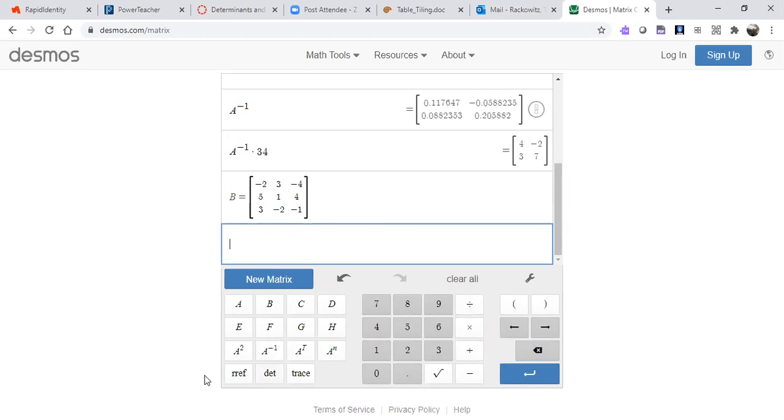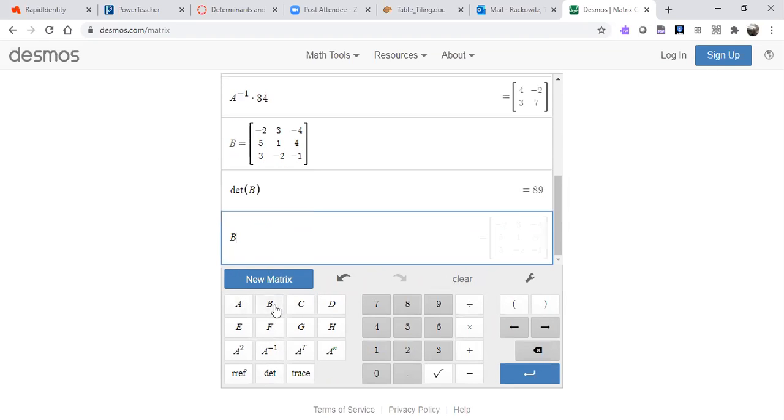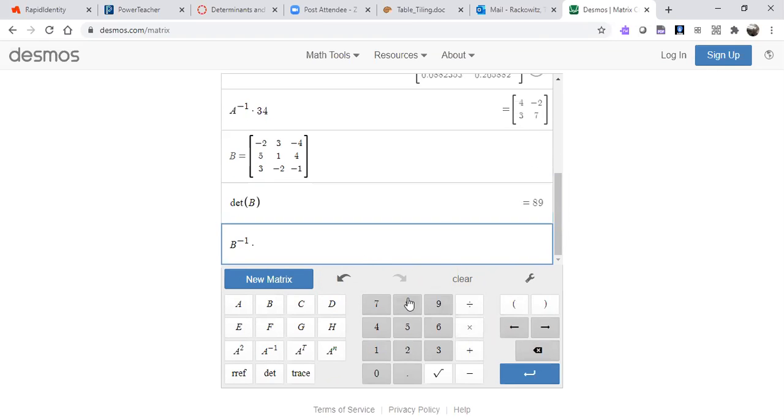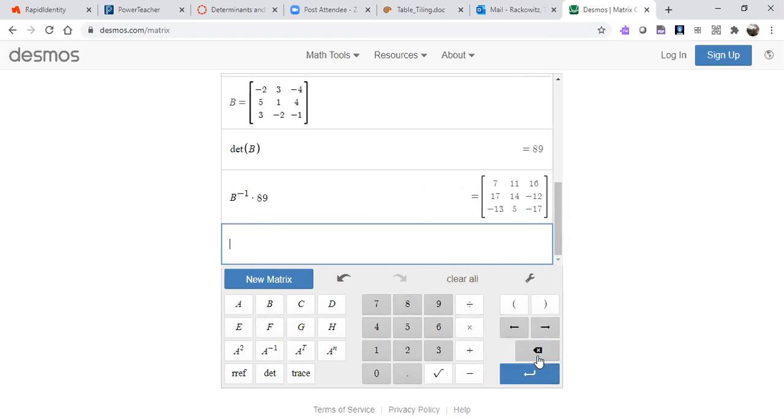So I want the determinant of that matrix. It's 89. And then the inverse, so B to the -1 power, change it to fractions, and multiply it by 89. So you can see all your numbers now.